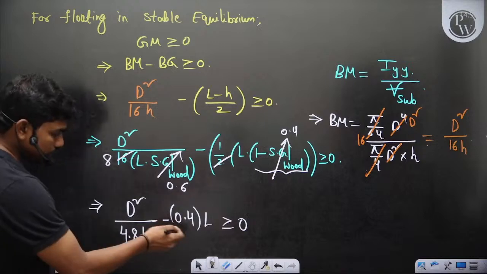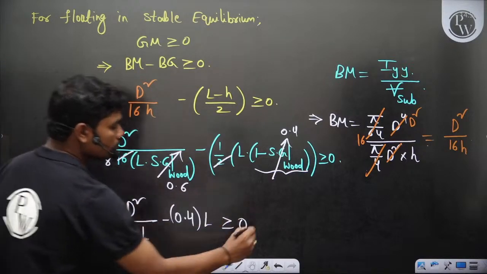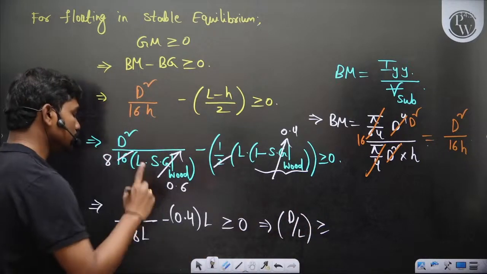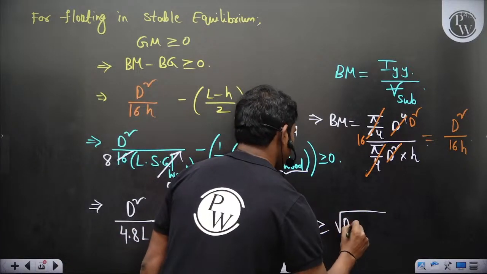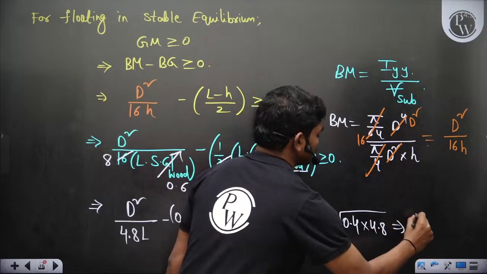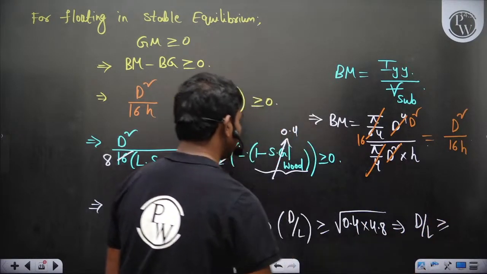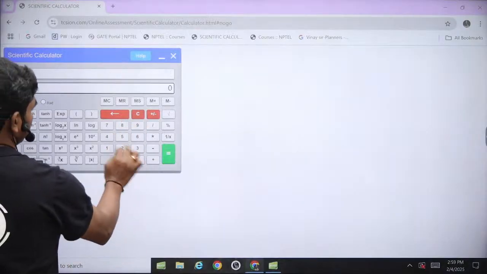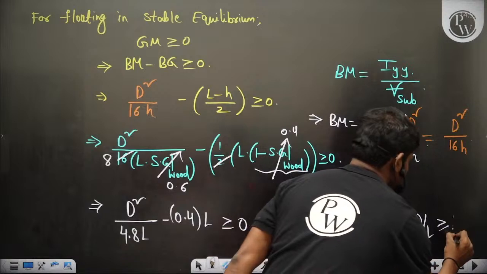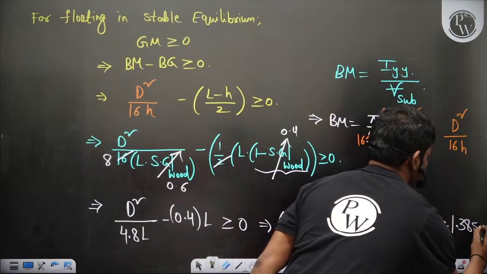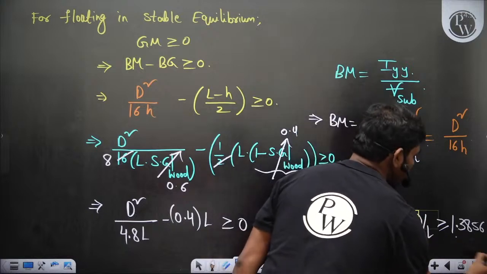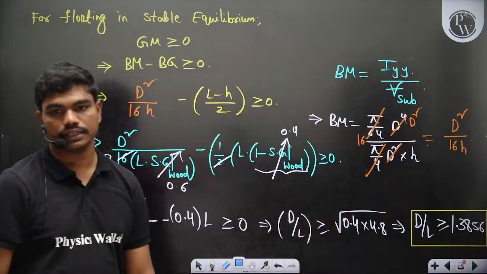From this equation, bring this term here and the L down, and you'll see d by L should be greater than or equal to the square root of 0.4 into 4.8, which is 1.3856. So the diameter to length ratio should be 1.38.